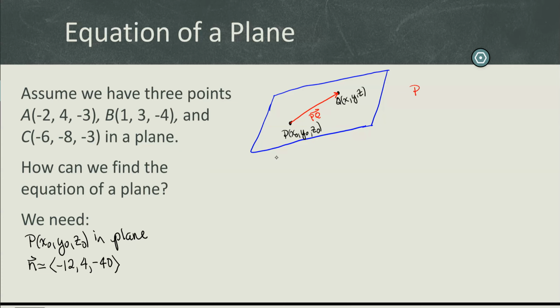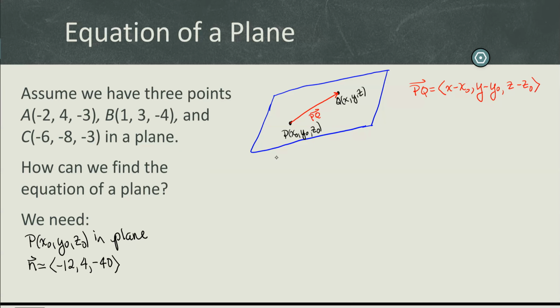Vector PQ would have an x component of the difference in x coordinates, so x minus x naught. PQ would have a y component of y minus y naught, and a z component of z minus z naught. And so that would be just one vector in the plane.